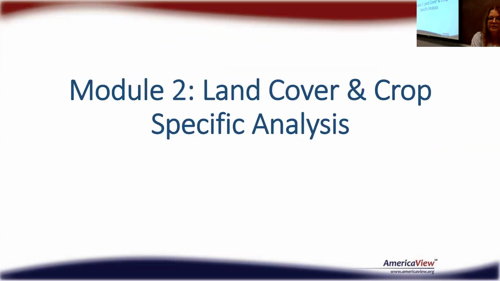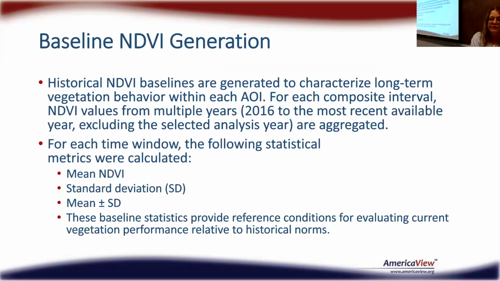And then the second module is looking at land cover and crop specific analysis, enabling you to do some field level analysis. It's based on creating a historical baseline of NDVI that's generated to characterize the long-term vegetation behavior within a user-defined area of interest, or AOI.